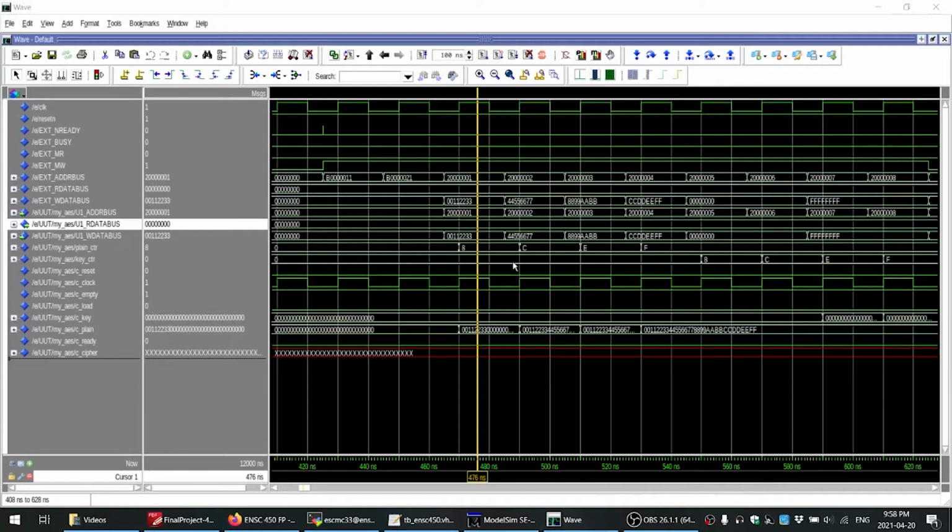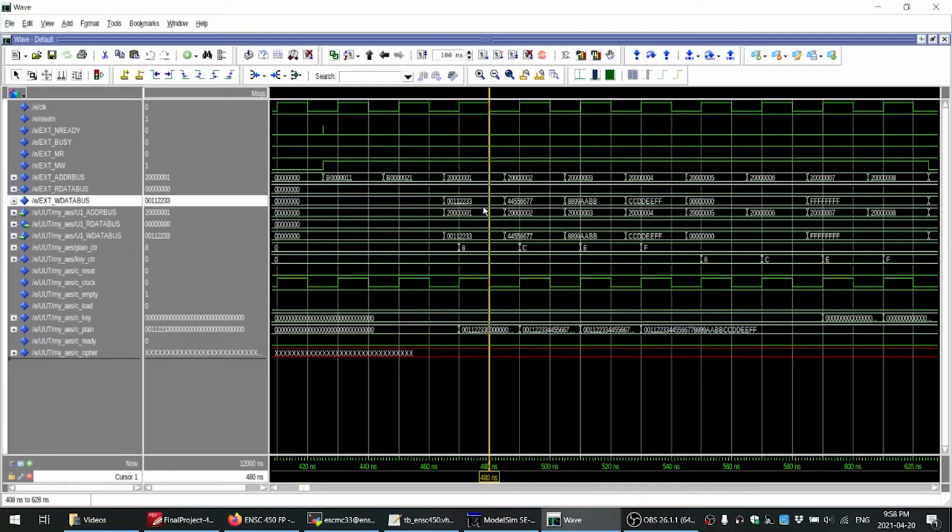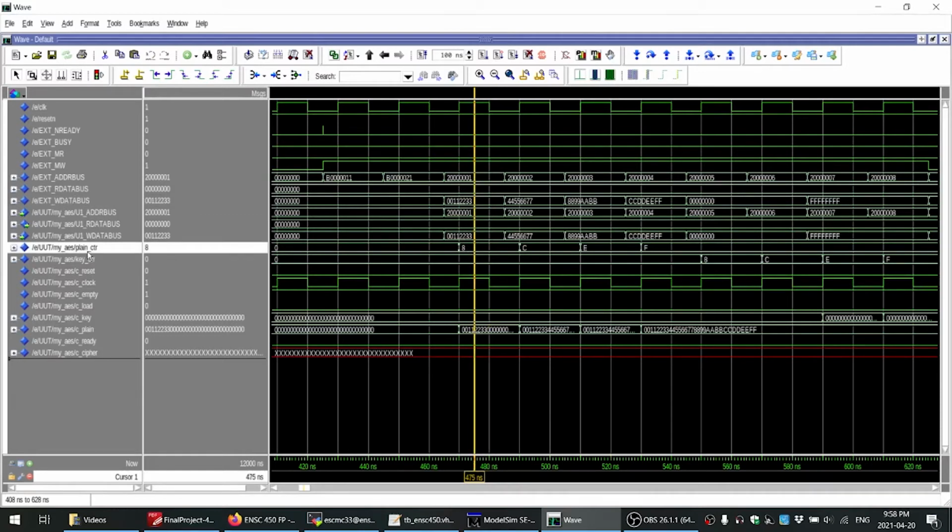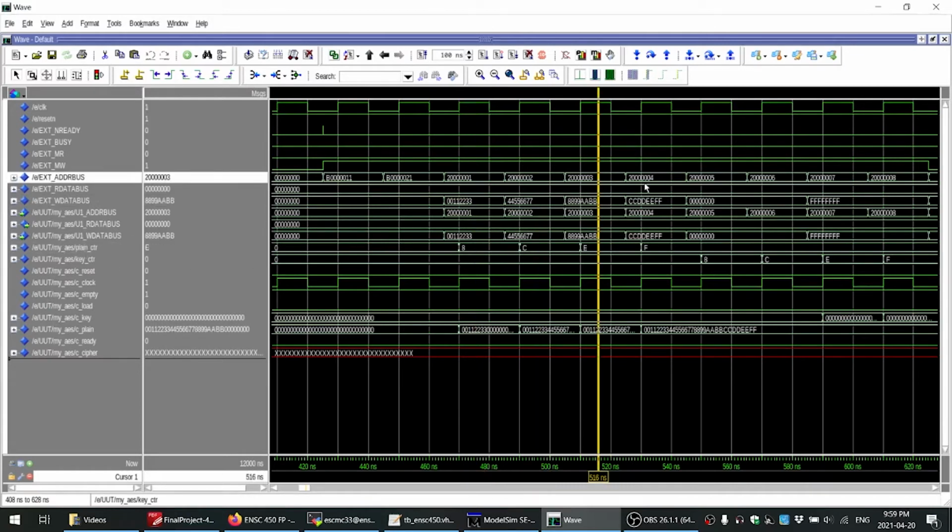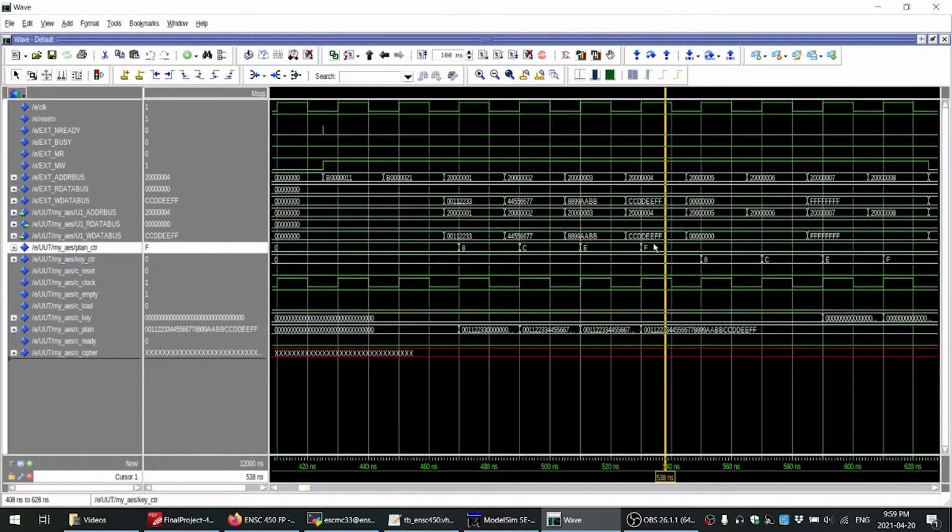So here we see the first test case where the CPU is writing directly to the AES core. The CPU sends a write command for the first packet of the plain text, and the AES core receives it and increments the plain counter. And when it receives all 4 packets of the plain text, the plain counter is now all ones.